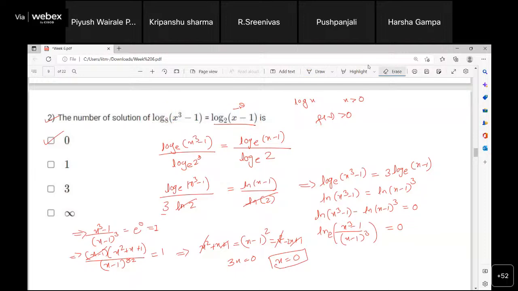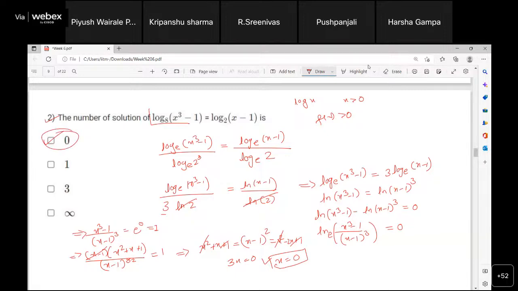So the number of solutions will be 0. But suppose in the question it is x plus 1, and now we are getting x equals 0. Now it is okay, because here we are getting positive 1, right? So in that case, the number of solutions will be 1. But here we have a minus sign, so it is not satisfying the domain. So I can say the number of solutions is 0.